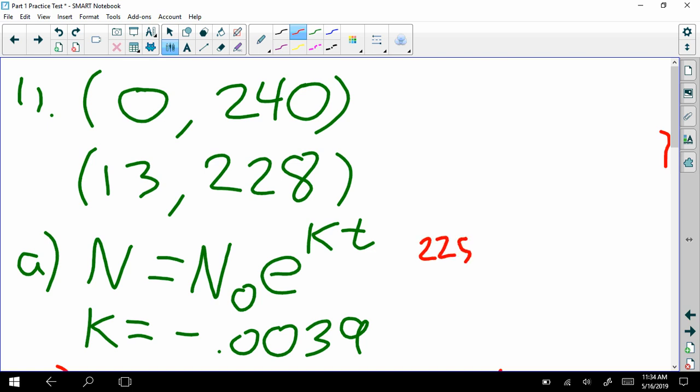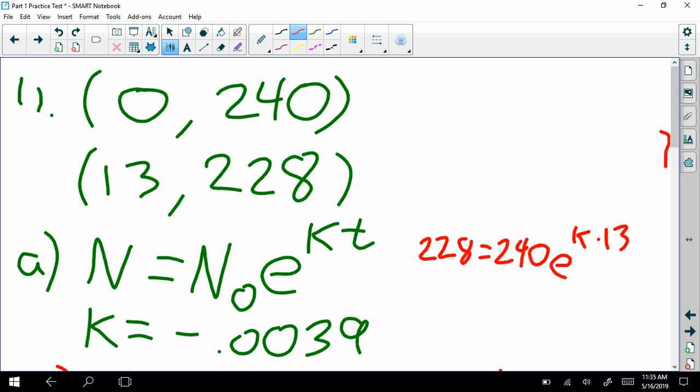228 equals 240 e to the k, we don't know, but we do know that it took him 13 days for that weight change to happen. And you have to solve this by hand in order to get k. It's actually not that hard. You've got to get e by itself, so we'll first divide, and then to change e, you have to do natural log.